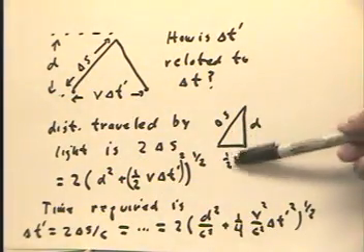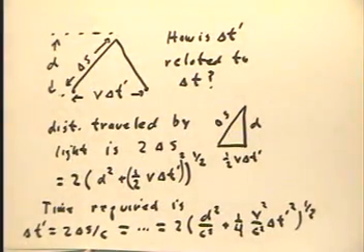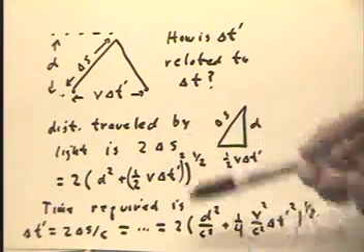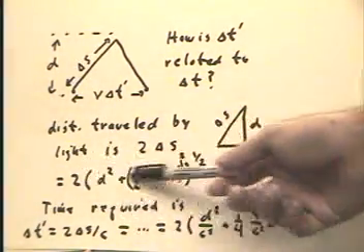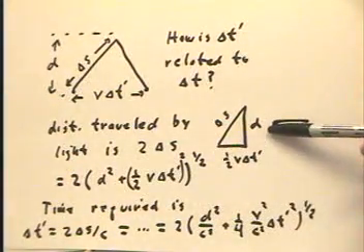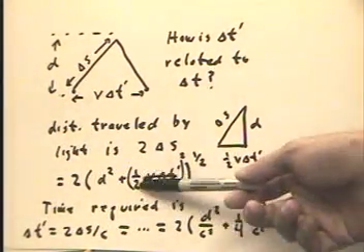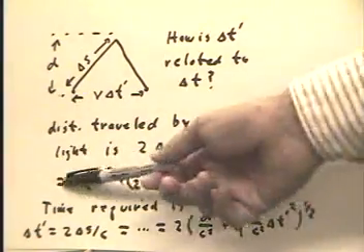The distance traveled by the light between beeps is going to be 2 times this delta s. But delta s, by the Pythagorean theorem, is just equal to the square root of d squared plus the square of this expression, as indicated here.